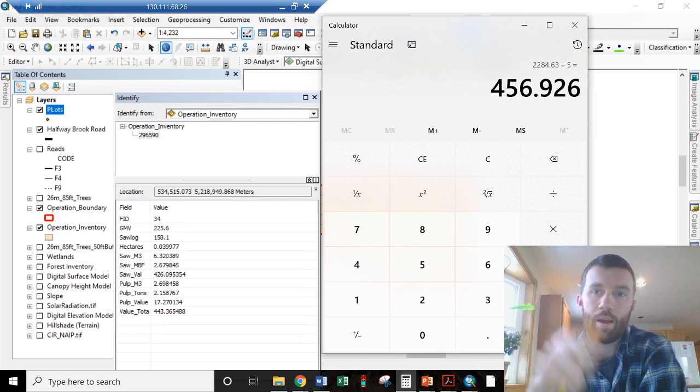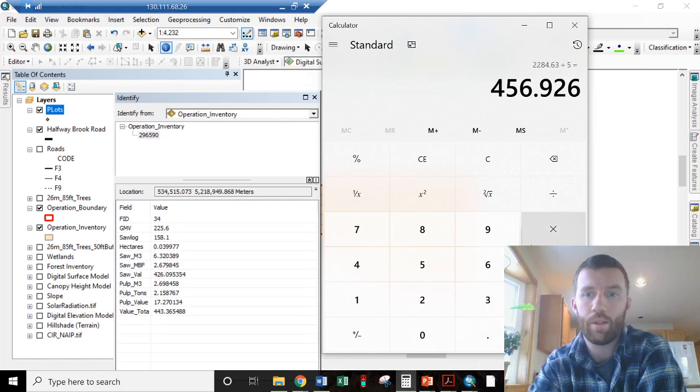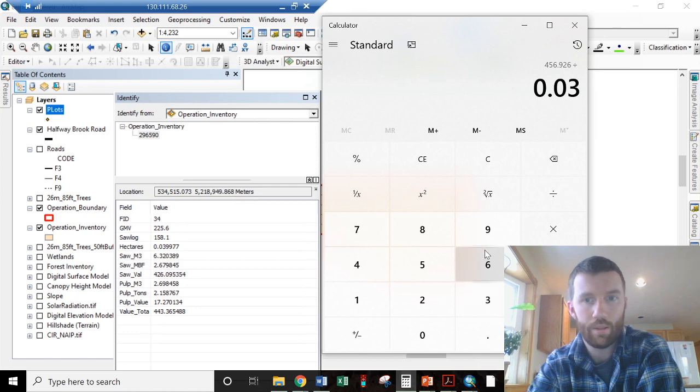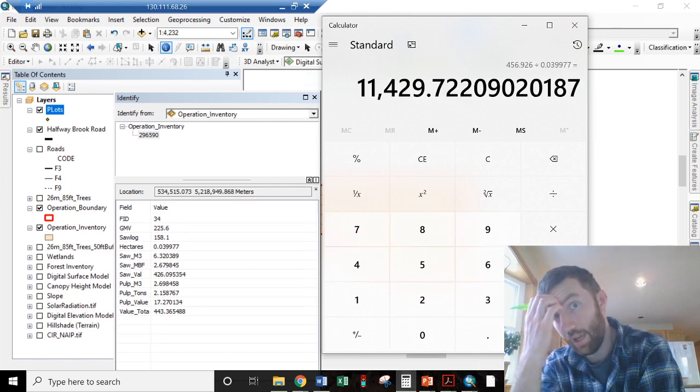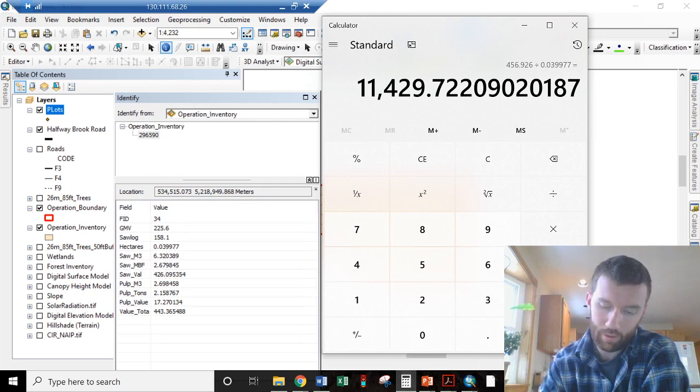And what that means is that if we then divide by 0.03997, it is an average of 11,429.72 per hectare.